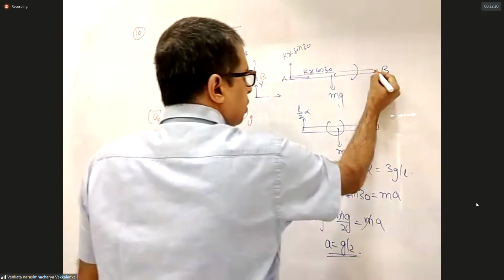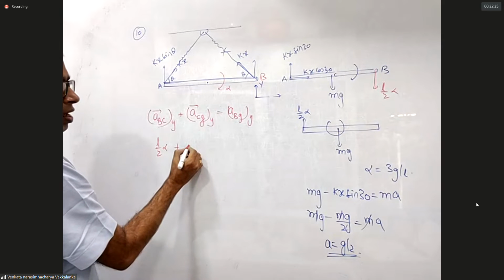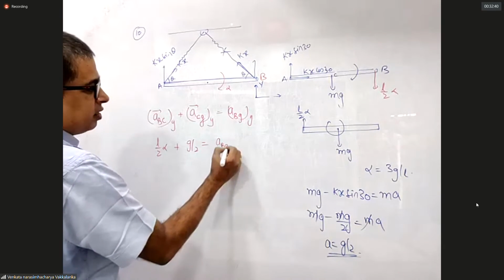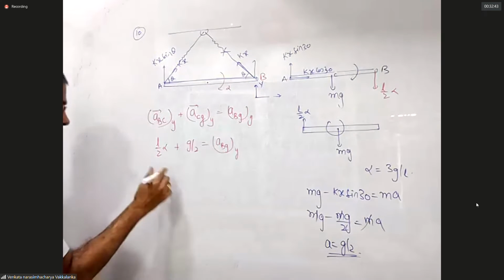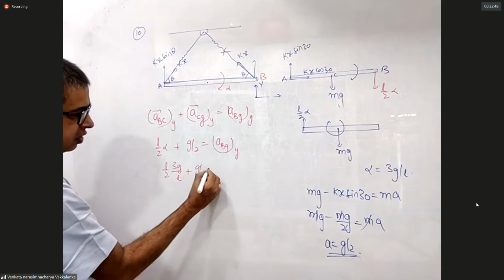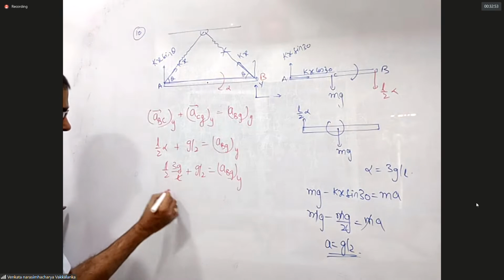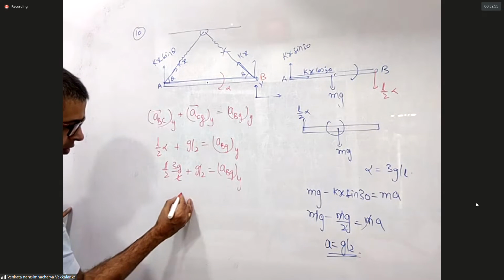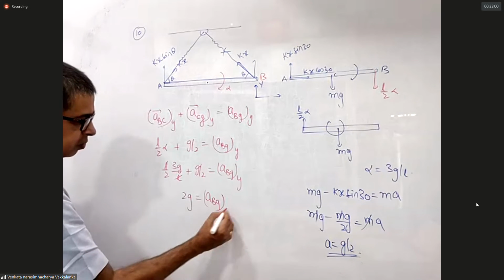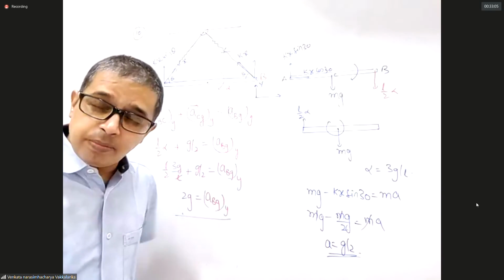This was alpha, so this will be L by 2 alpha in the downward direction plus acceleration of center of mass, which is G by 2. L by 2 alpha is 3G by L plus G by 2. This will become 3 plus 1, 4G by 2, which is 2G, the acceleration of B with respect to ground along y-axis, in the downward direction, minus J cap.